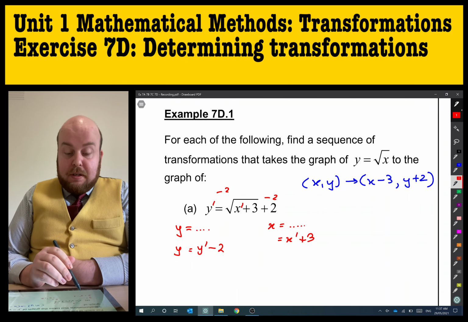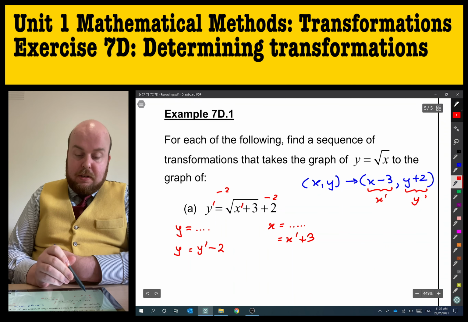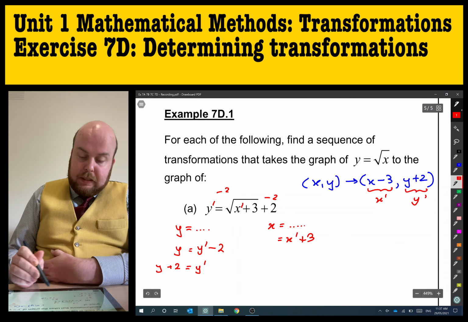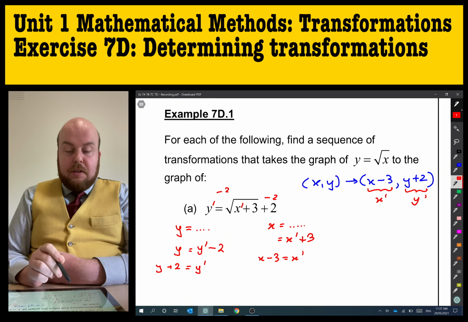So now what I'm going to do is rewrite these to go and describe the transformations. Because remember, this is the x transformation. That's the y transformation. So if I was to write them accordingly, we have our transformations. So what did I do there?